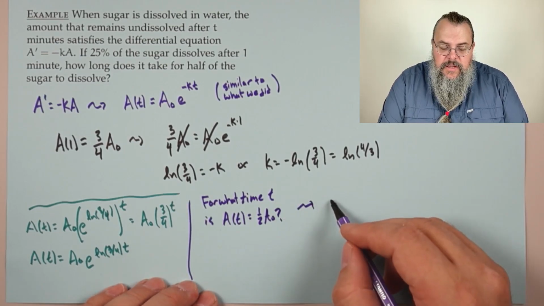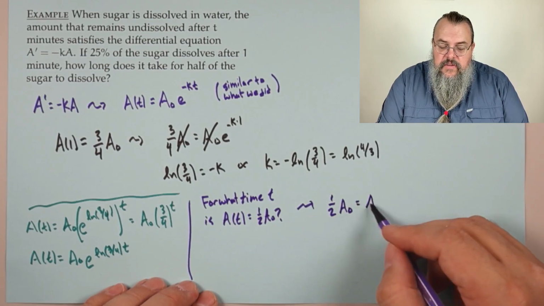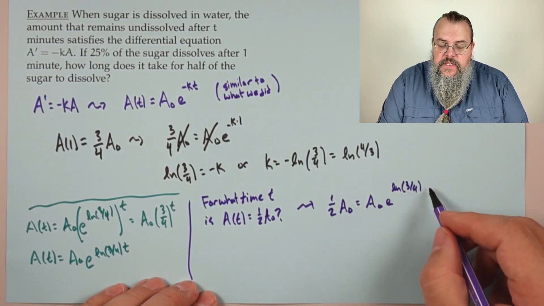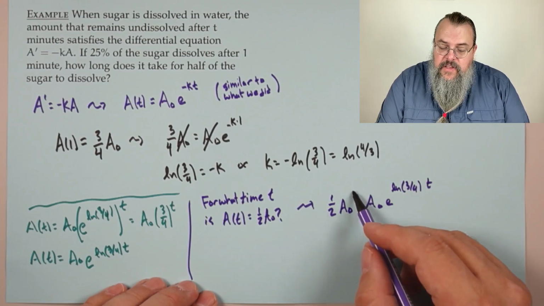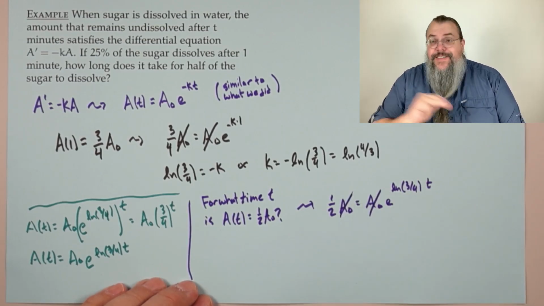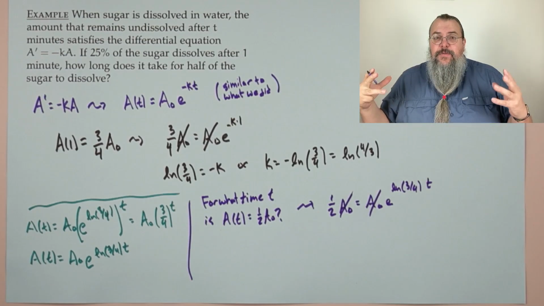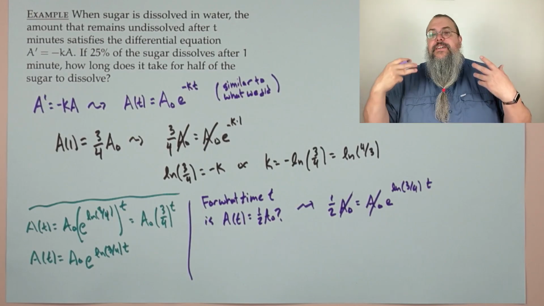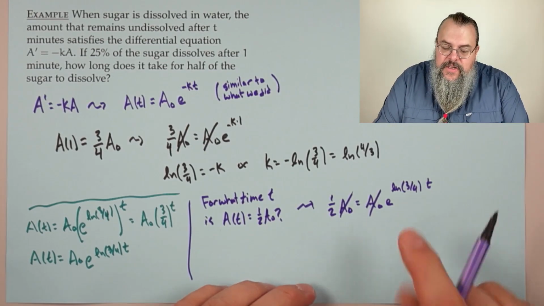And we say, okay, that means a half, A0, is A0 e to the log of 3/4 times t. The A0s again cancel, so it doesn't depend on how much sugar there was. It'll still be the same answer whether there was a little bit of sugar or you put in like 3 scoops of sugar. We need to get the t out of the log.